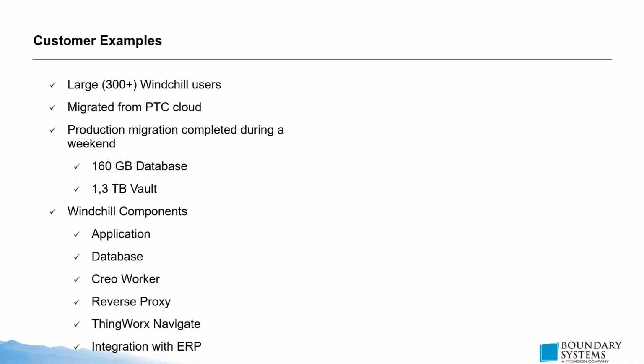This migration was done over the weekend, considering the database was 160 gigabytes and the vault was just over 1 terabyte. The Windchill components we had to install for them were the application, the database, the worker, and the reverse proxy security. They also had a tool called ThingWorx Navigate, and we also had to do the integration with the ERP system.